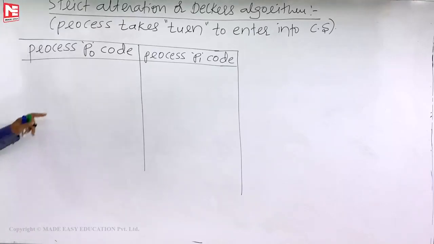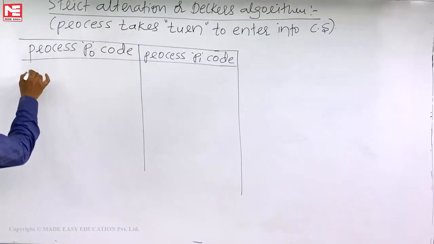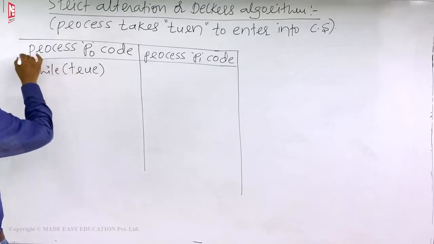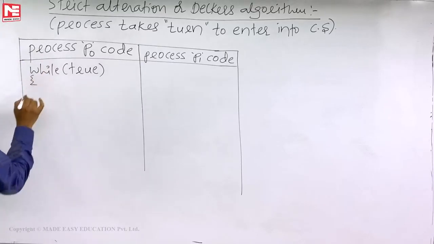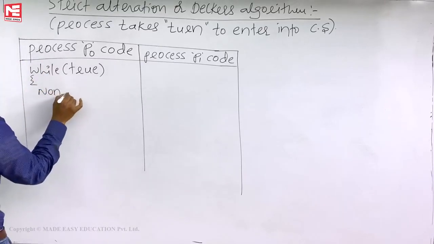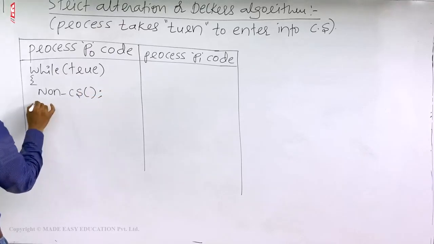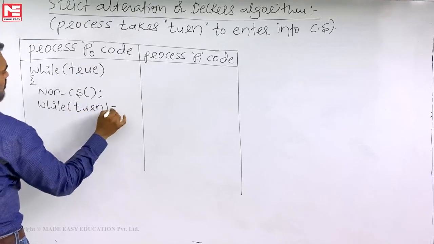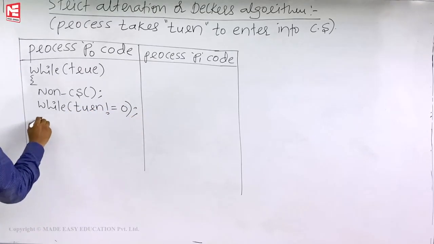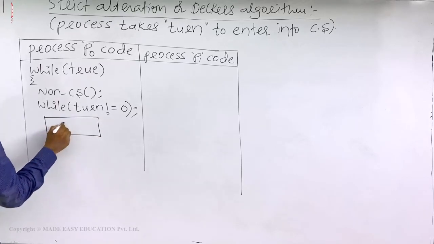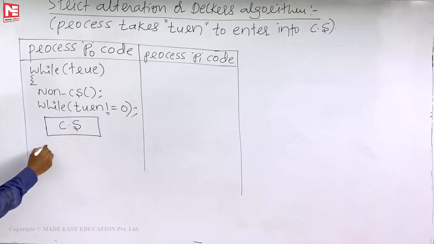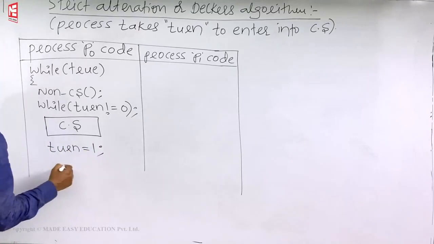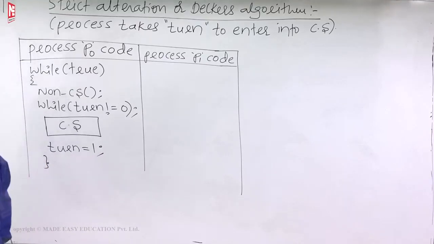Process P0 code and process P1 code. Copy this.